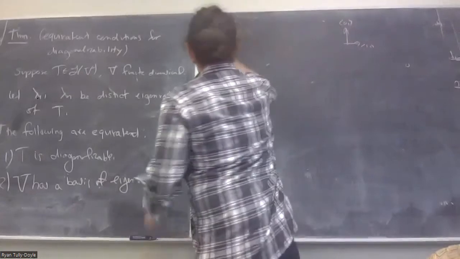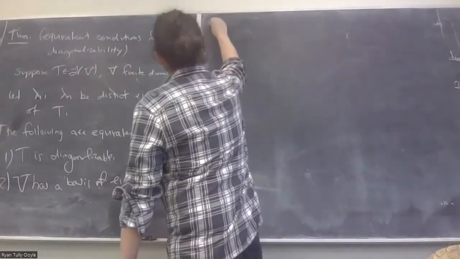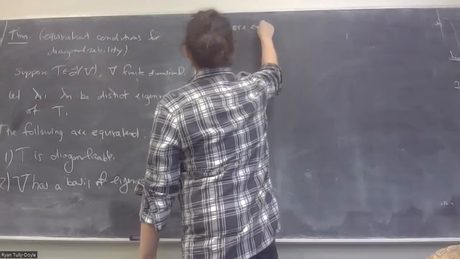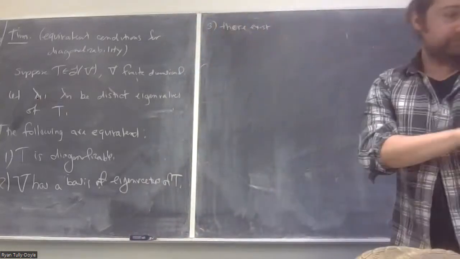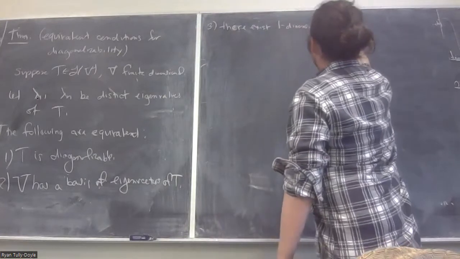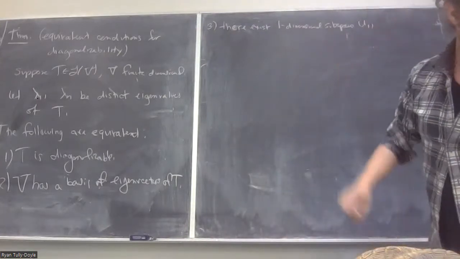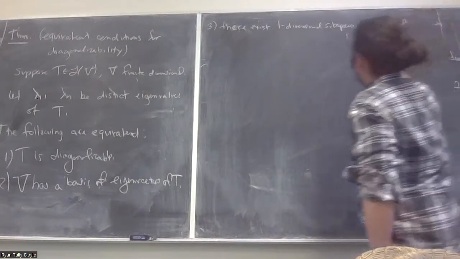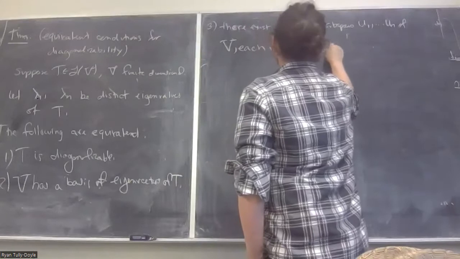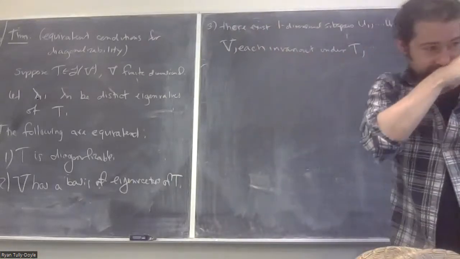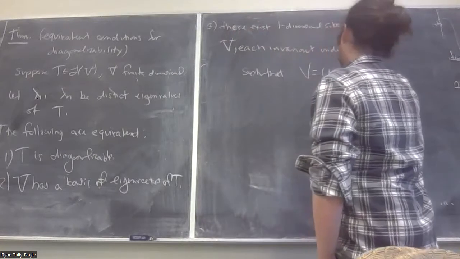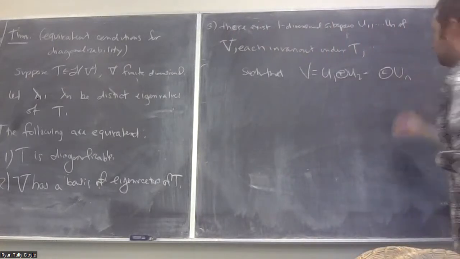Condition 3. There exist one-dimensional subspaces U1 up to Un of V, each invariant under T, such that V is equal to U1 direct sum U2 direct sum up to Un.